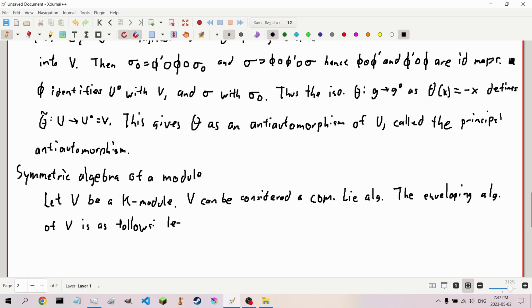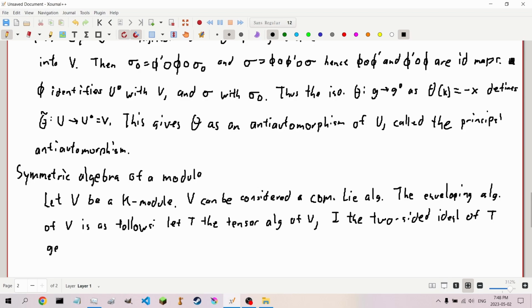I'm going to let T be the tensor algebra of V. And I is going to be the two-sided ideal of T generated, now if you remember before, it's going to be X tensor Y minus Y tensor X minus the Lie bracket, but because this is the symmetric Lie algebra, the bracket is just 0, so we can just ignore that.